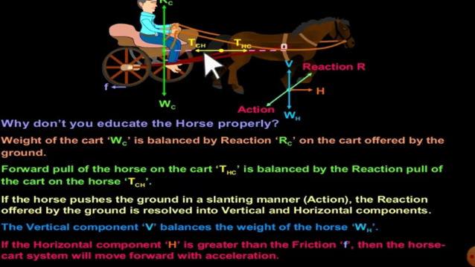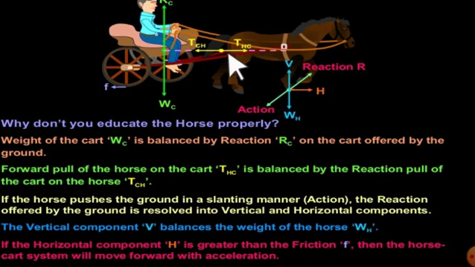What is this TCH? This TCH is nothing but the reaction pull of the cart onto the horse, okay. Now if these two forces are acting, if one is the action, the other will be the reaction.